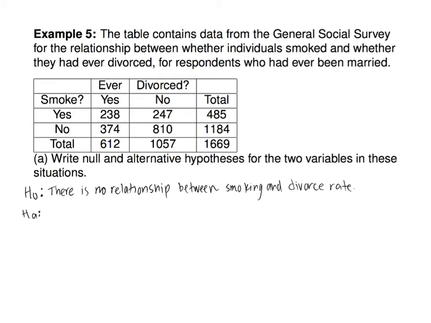And the alternative will be that there is a relationship between smoking and divorce rate. Also note that this relationship is non-directional. You don't say that smoking and divorce occur at a higher rate than not. For now, we're just talking about there is a relationship, there is no relationship.